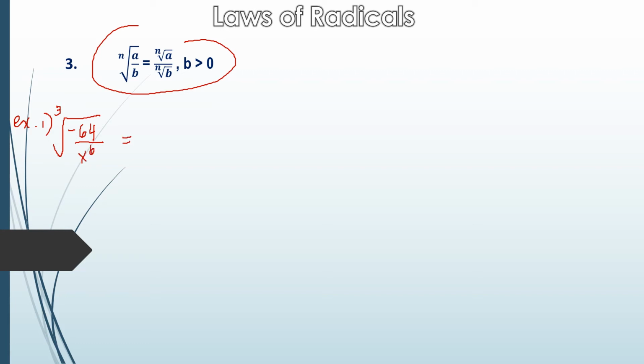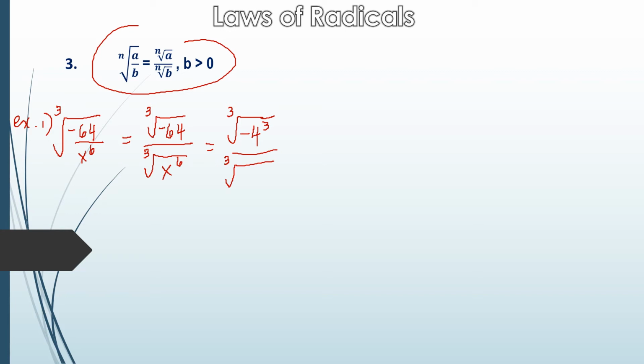So applying the given law, this is equal to the cube root of negative 64 over the cube root of x raised to the 6th power. If we express negative 64 in exponential form, that will be negative 4 raised to the 3rd power.